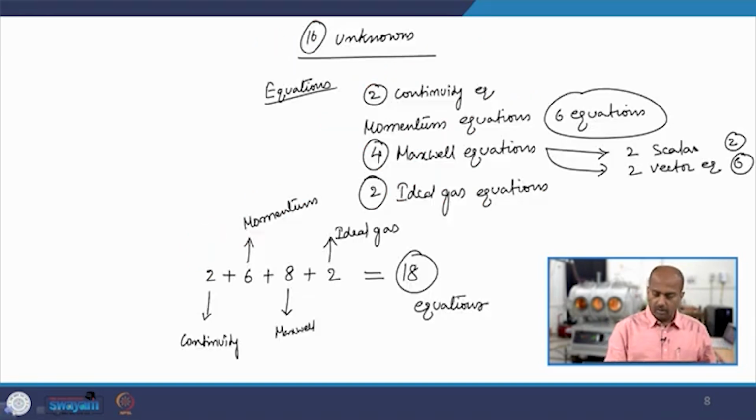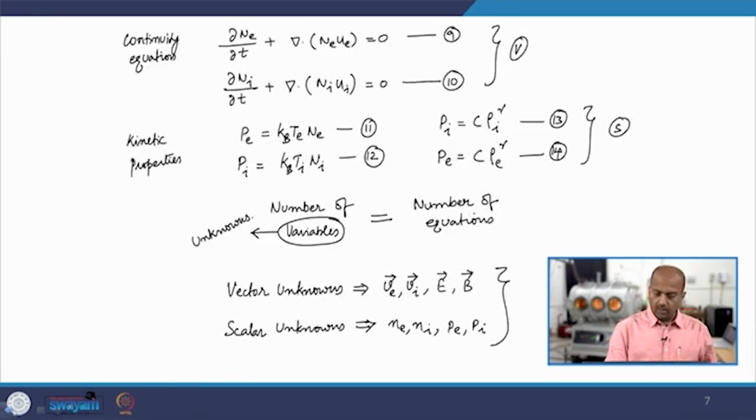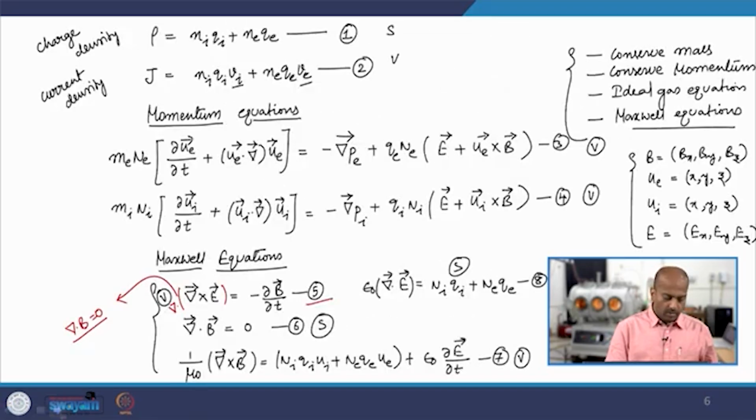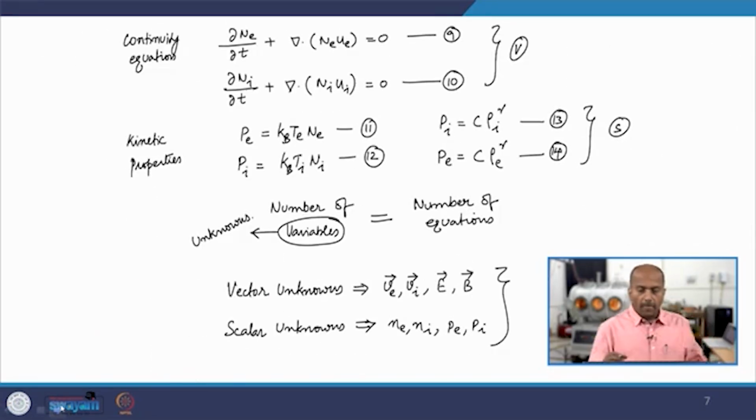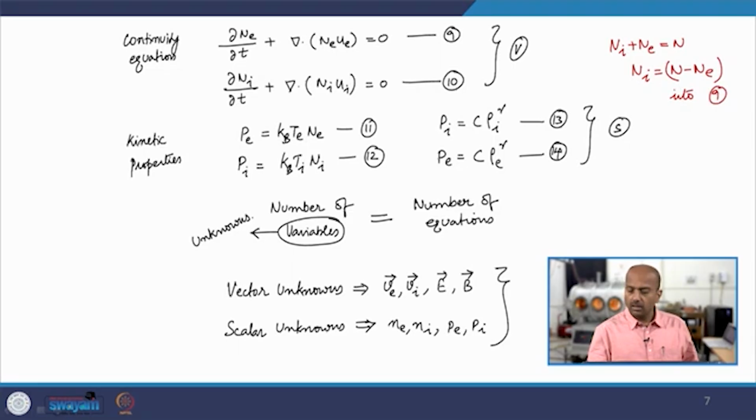Now, if you take this continuity equation, let us say you take the total number Ni plus Ne as n, and substitute Ni equal to n minus Ne into equation number 10.